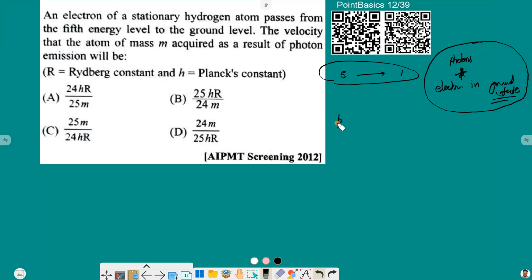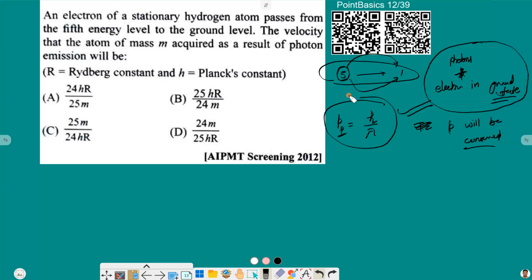Now we know that the momentum carried by a photon is equal to h by lambda. Initially, when this electron jumps from the fifth state to the ground state, we assume that it was in the fifth state, initially at rest. When it goes to the first state, there is some momentum carried by the photon, and we know that total momentum P will be conserved. So the momentum carried by the photon will be equal and opposite to the momentum carried by the electron. How can we calculate the momentum carried by the photon? It will be h by lambda, so we need lambda to calculate the photon momentum. How can we calculate lambda?